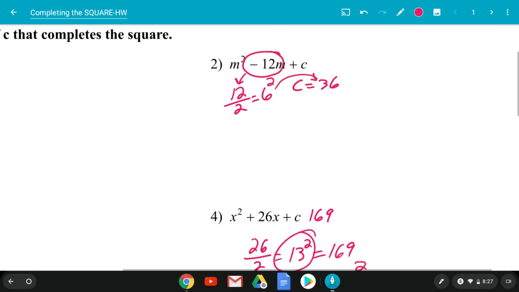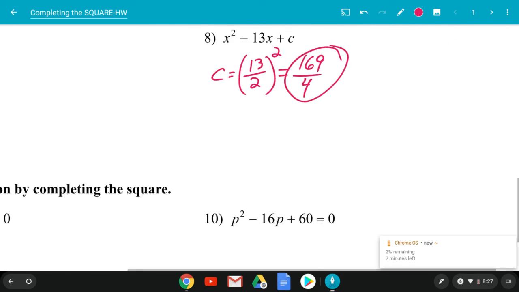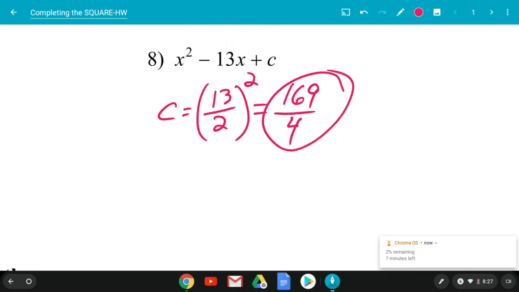What's number 2 going to be? X minus 6 quantity squared. There's the 6, there's the minus, right? So let's look at this last one, number 8, sorry. What's this one going to look like factored? It's x squared minus 13x plus 169 over 4.